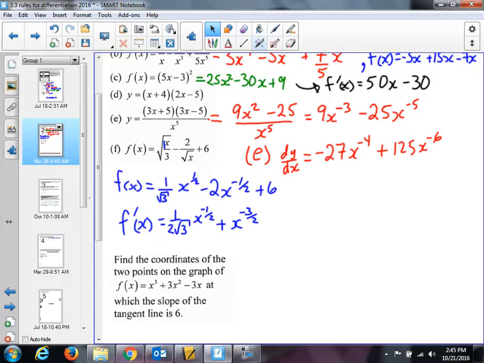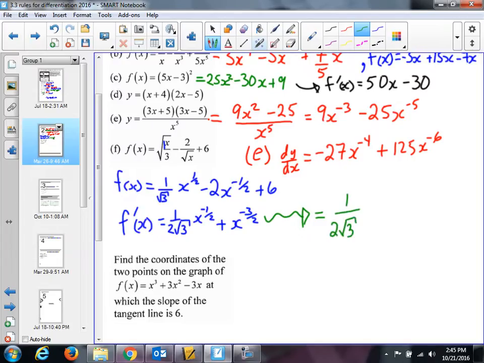Do you? Who doesn't? Well, somebody probably doesn't, so I'm only going to do this in green because I wouldn't expect you to for this. But if you had to evaluate, I would suggest rewriting like this. 1 over 2 root 3.